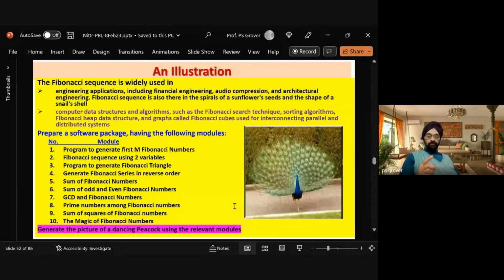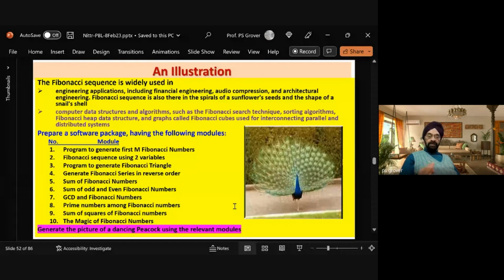For example, a program to generate Fibonacci numbers, a sequence using two variables, a program to generate a Fibonacci triangle, and so on. I have put 10 conditions here in the same program which the student should do.